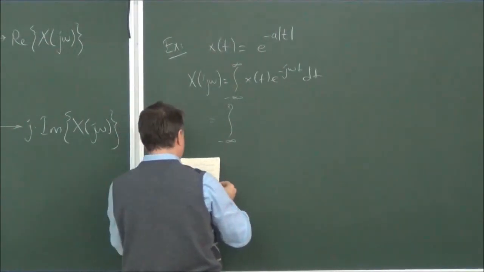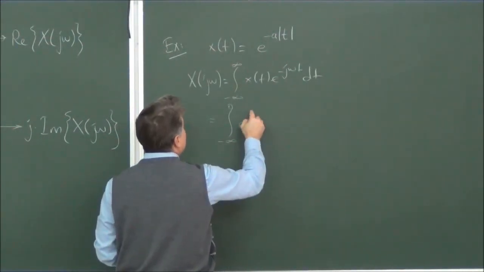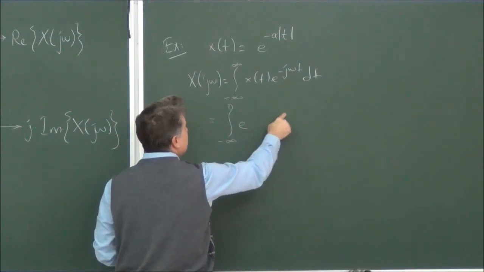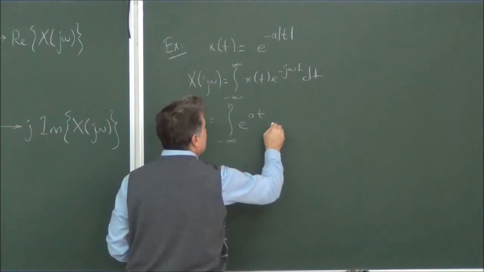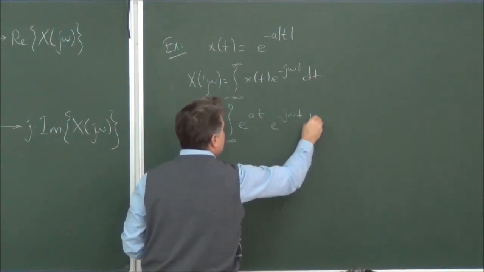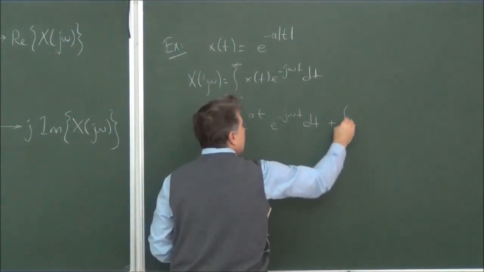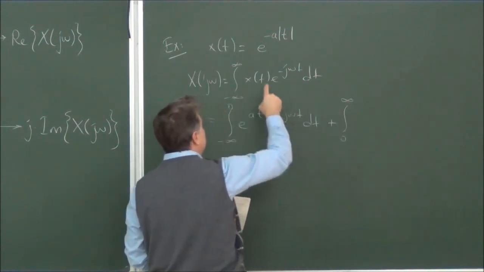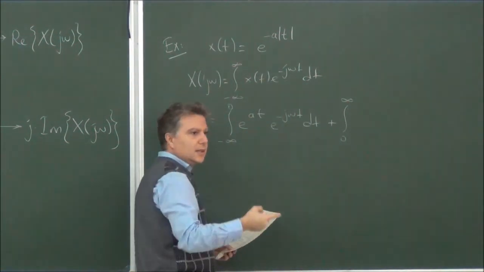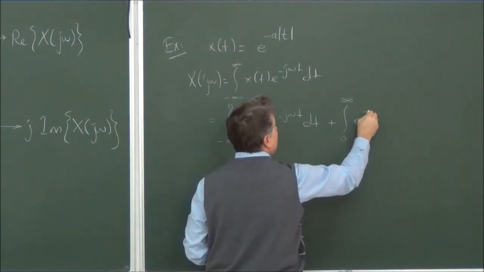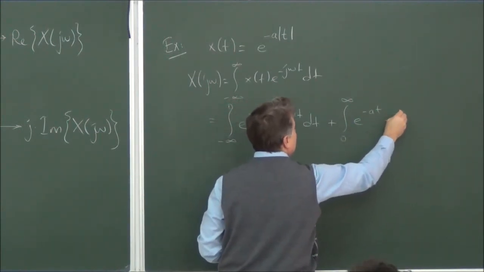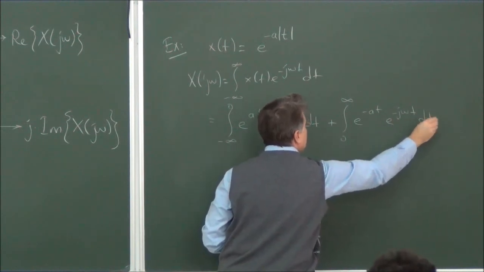And therefore we have e to the minus a times minus t, which is e to the at, right? And e to the minus j omega t dt, plus, from 0 to infinity, absolute value of t is t itself. Therefore we have e to the minus a t, e to the minus j omega t dt.